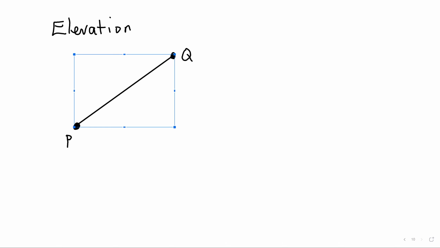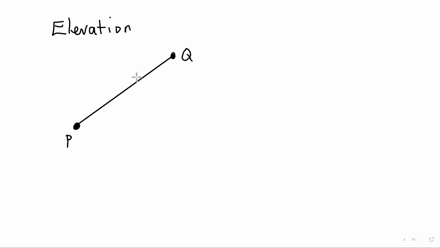So if you have a point here, let's say this is the point P, and this is the point Q. There are two things that are very important when you're looking at angles of elevation and angles of depression: the horizontal and the line of sight. The line of sight would be the line joining P and Q, so that's this line here.